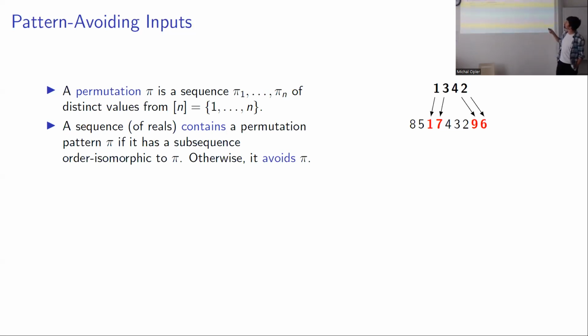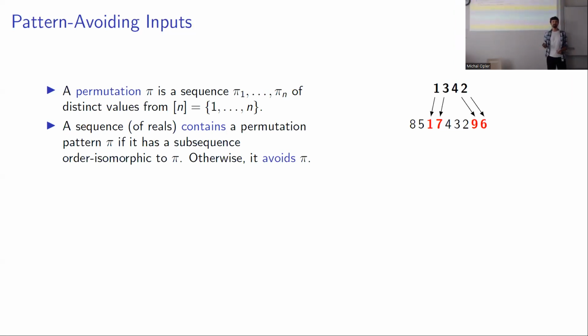In here, I hope you can see the red letters a little bit, the 1, 7, 9, and 6 is order isomorphic to 1, 3, 4, 2. Meaning if you forget about the specific values, and look rather at the comparisons between them, it has the same shape. And if such a sequence does not contain the permutation pi, then we say that it avoids the pattern.